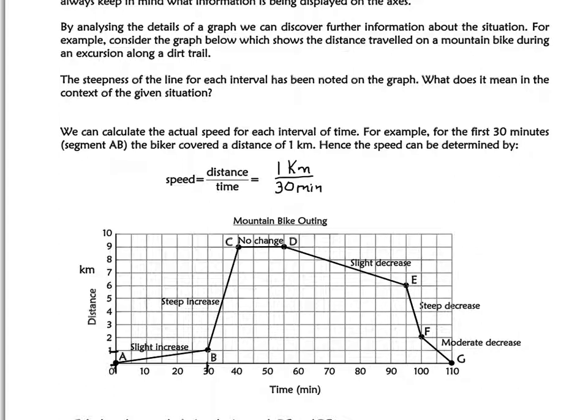That would be 1 over 30 kilometers per minute, which is approximately 0.033 kilometers a minute.